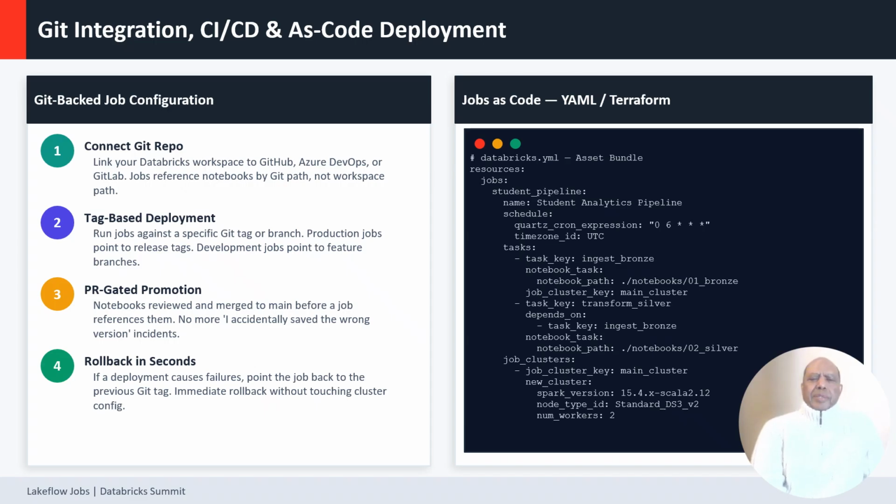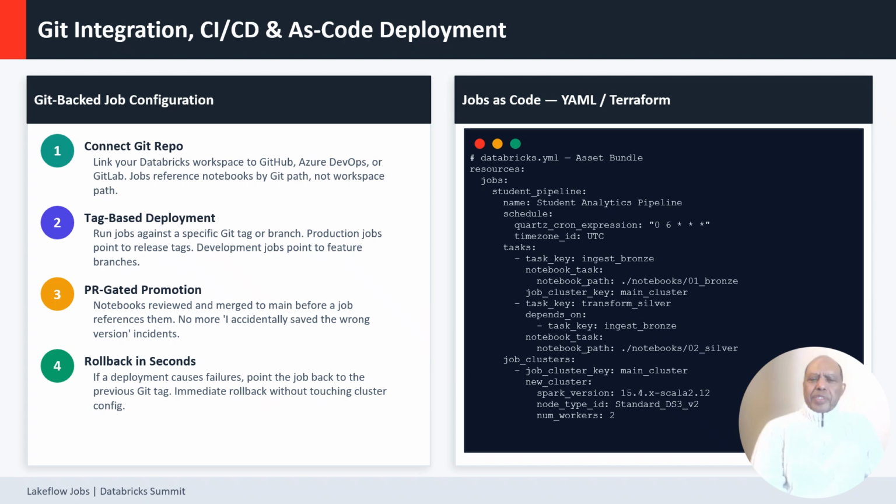Once connected, your jobs reference notebooks by their path in the Git repository, not by their workspace path.